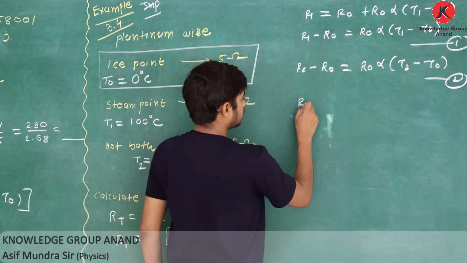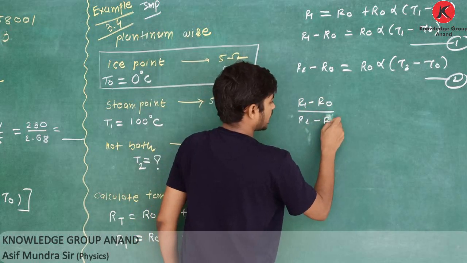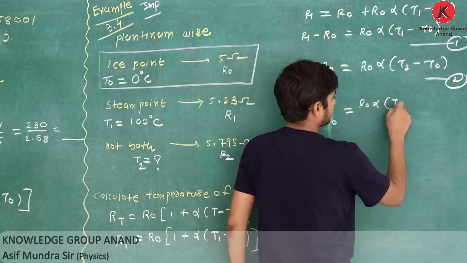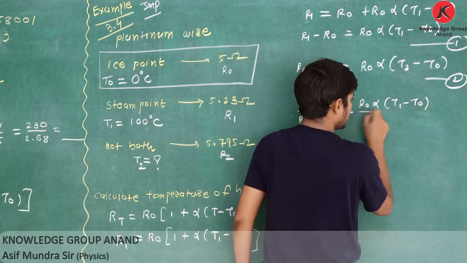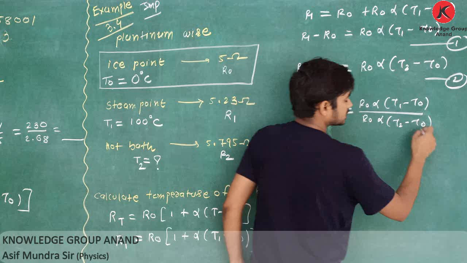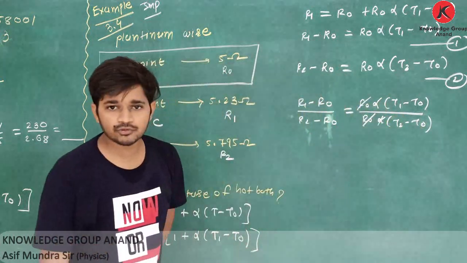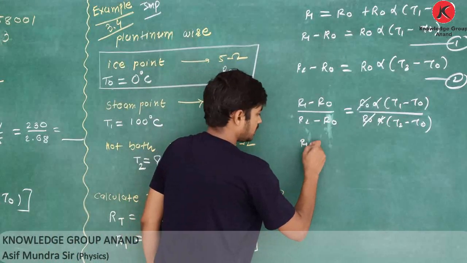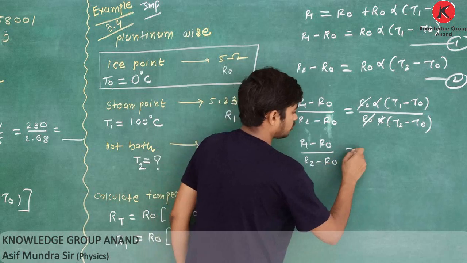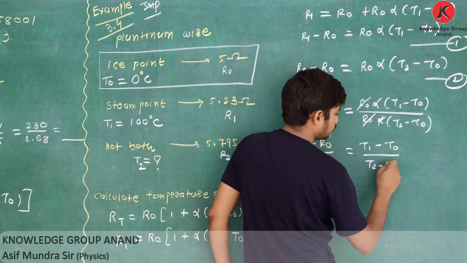See, R1 minus R0 upon R2 minus R0 is equal to R0 alpha into T1 minus T0 divided by R0 alpha into T2 minus T0. So this R0 alpha cancels. Clear about this? Now R1 minus R0 upon R2 minus R0 is equal to T1 minus T0 upon T2 minus T0.